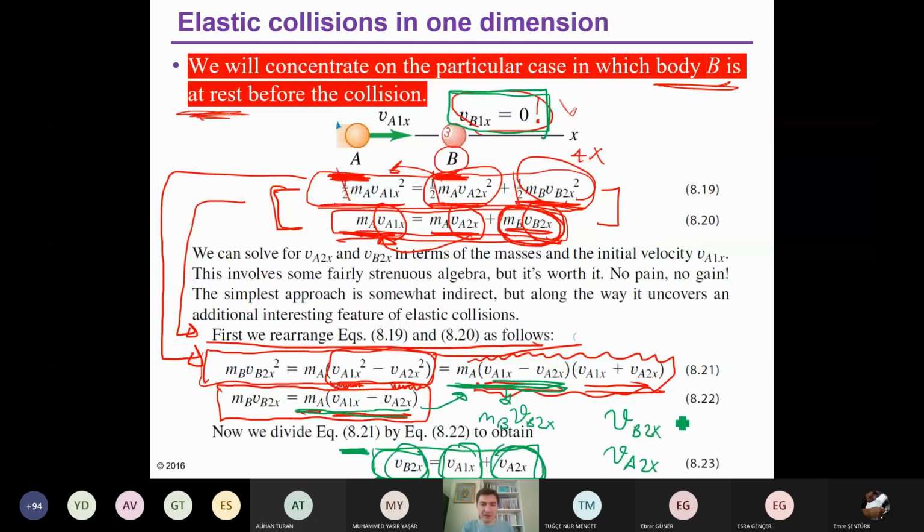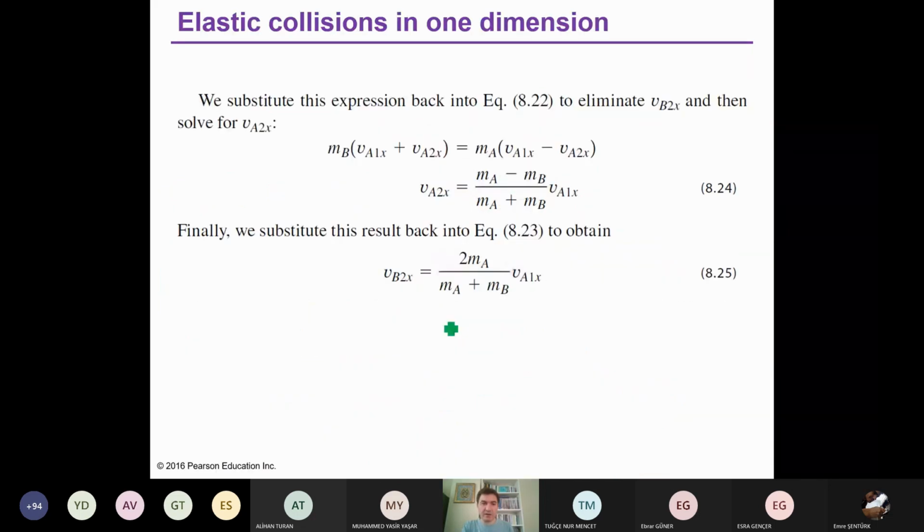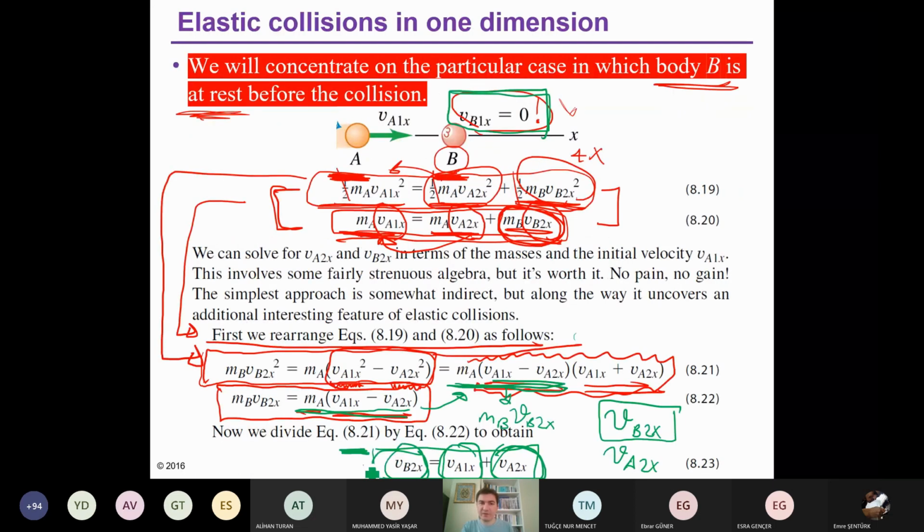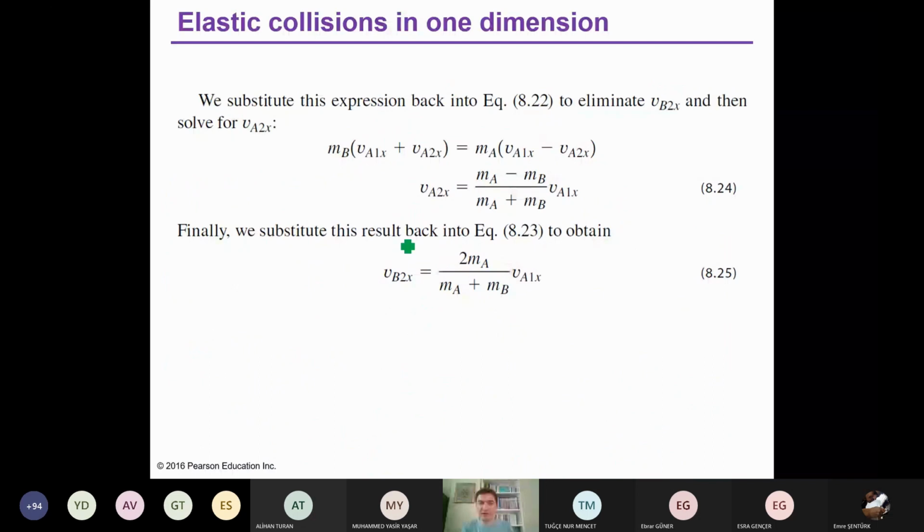So if I take this one and use it in these equations, then I can get this expression: MB times (initial velocity of A plus final velocity of A) will be equal to MA times (initial velocity of the A ball minus final velocity of the A ball).